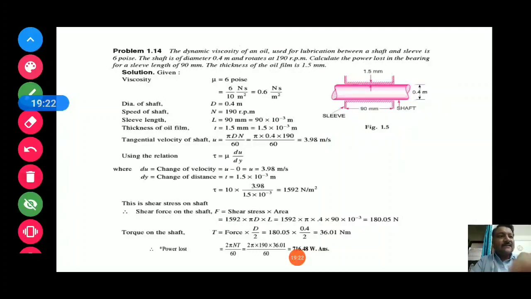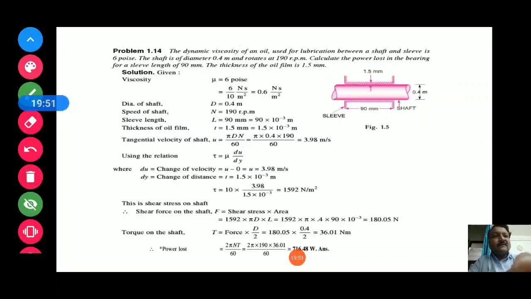The distance between the shaft and the sleeve is 1.5 mm, that is nothing but the thickness of the oil film. So the thickness of the oil film is 1.5 mm.